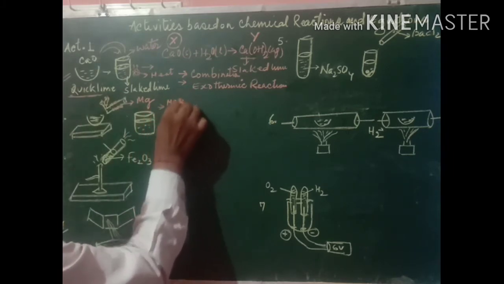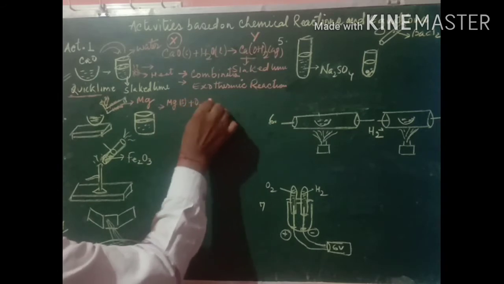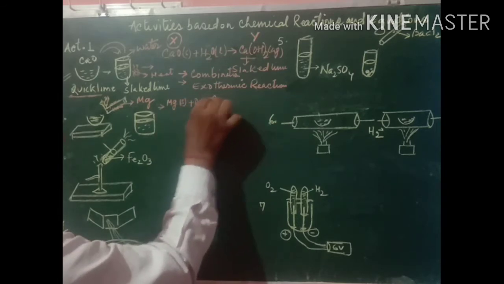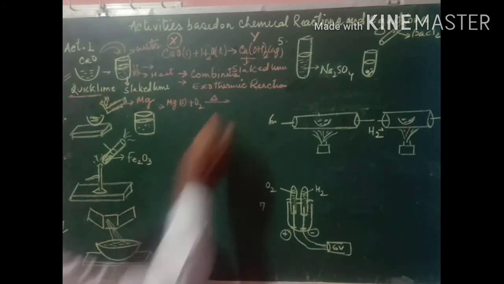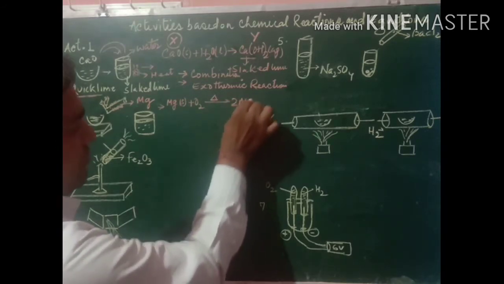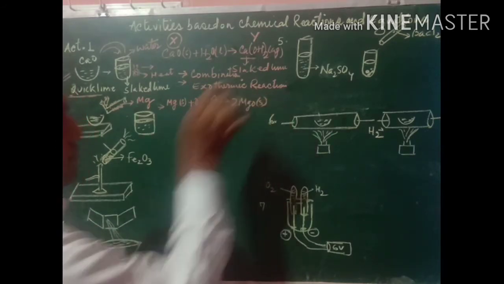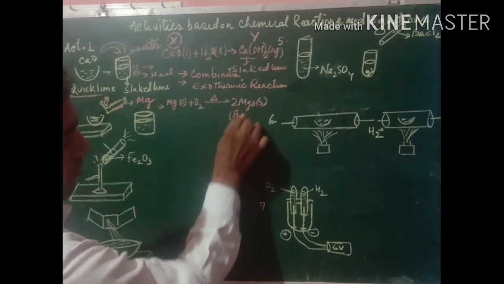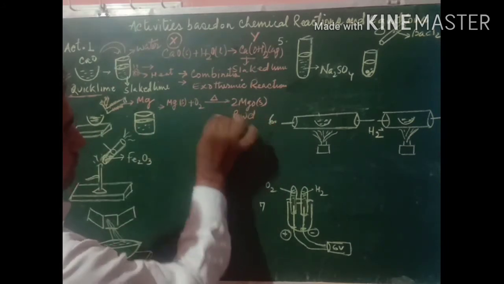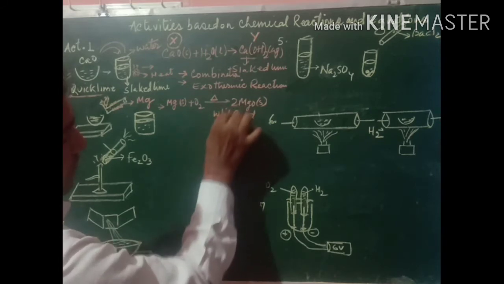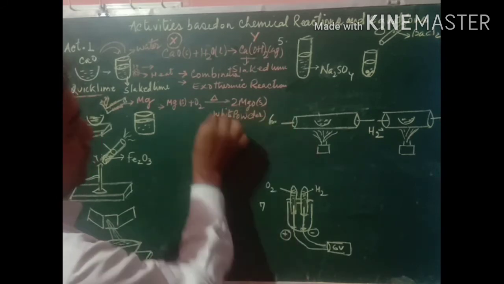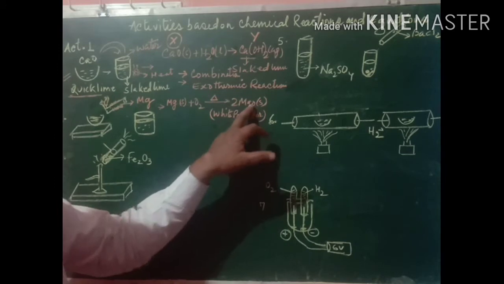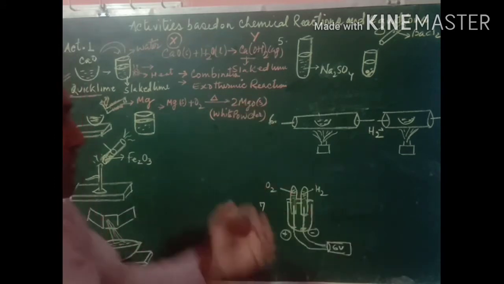Magnesium plus O2, and heat is required for burning it. So magnesium oxide is formed. That is a white powdery substance, the magnesium oxide.